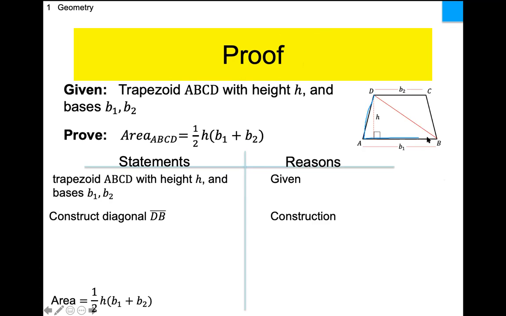So I've made this triangle right here, and I've made this triangle right here. So that's ADB and DCB. Those are the two triangles. So those are the ones that I'm going to talk about.